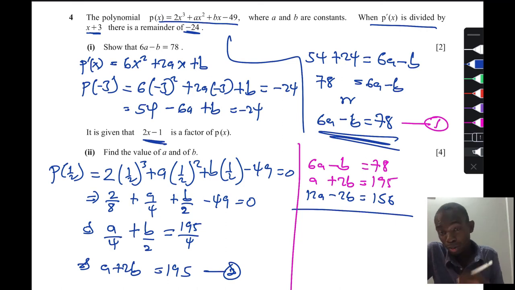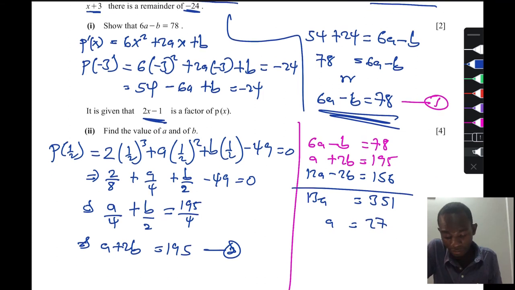Now we have positive 2b and negative 2b, so we add them up, giving us 13a. The b is eliminated, and we have 195 plus 156, that is 351. It will be 351 divided by 13, and the answer is 27.